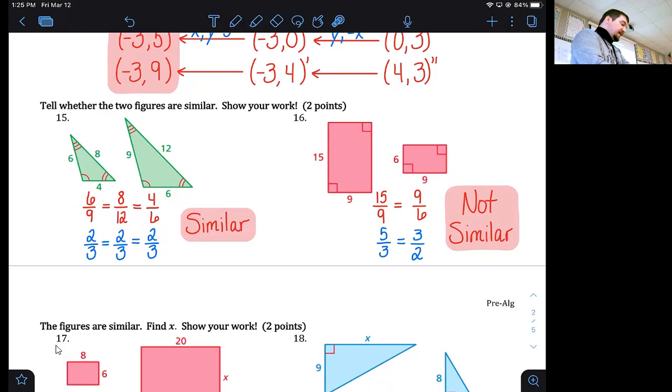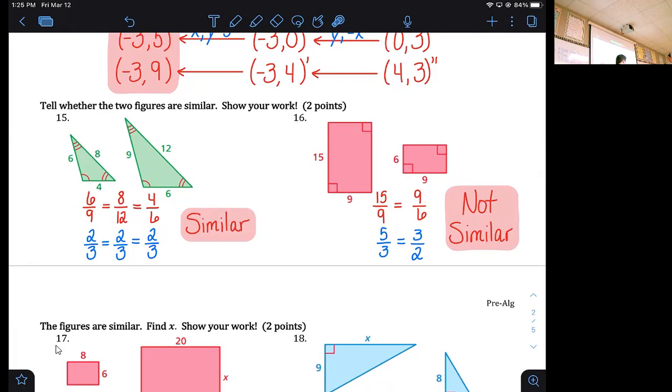Some of you said 6 is to 9 as 8 is to 12, and you cross multiplied, and you got 72 and 72. That works as well. Number 16 is not similar, though, because when you do 15 to 9 and 6 to 9, length to length, width to width, you end up getting 2 fractions that are not equivalent.